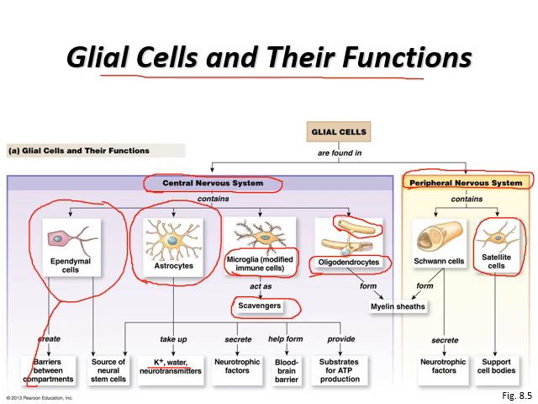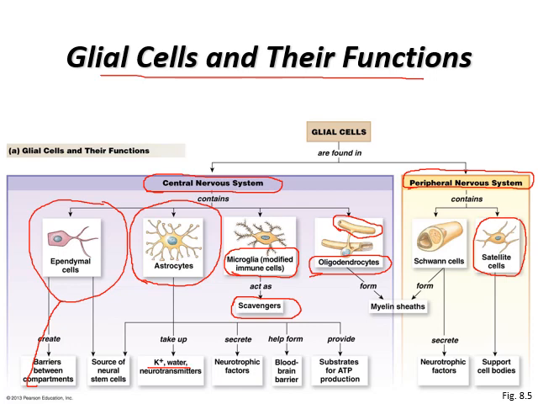They support the cell bodies of the neurons out in the periphery, and they also give a kind of padding. They surround the cell bodies because in the periphery, the neurons don't have any bone around them.